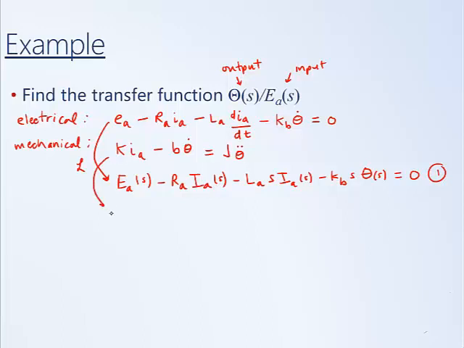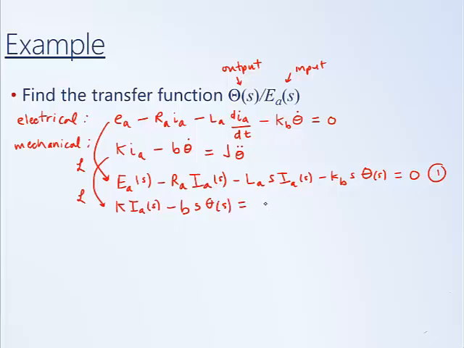And we do the same thing for the mechanical equation. K is a constant. The Laplace transform of I sub A is I sub A of S. The viscous friction parameter is a constant. The Laplace transform of theta dot, we get S because of the differentiation.